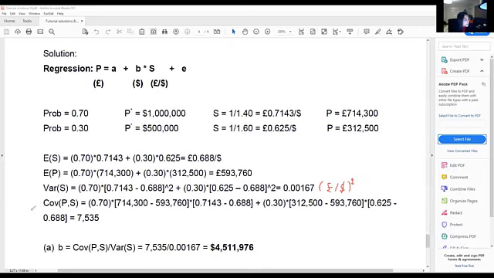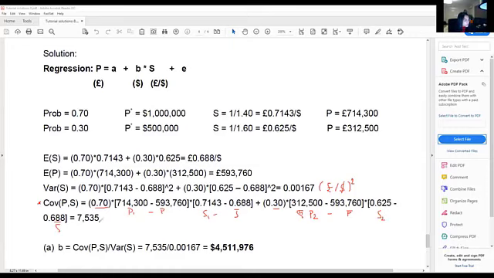Okay. The second computation is the covariance between P and S. So applying the formula, I've got probability 1 times P1 minus P bar, and then times S1 minus S bar, plus probability 2 times P2 minus P bar times S2 minus S bar.